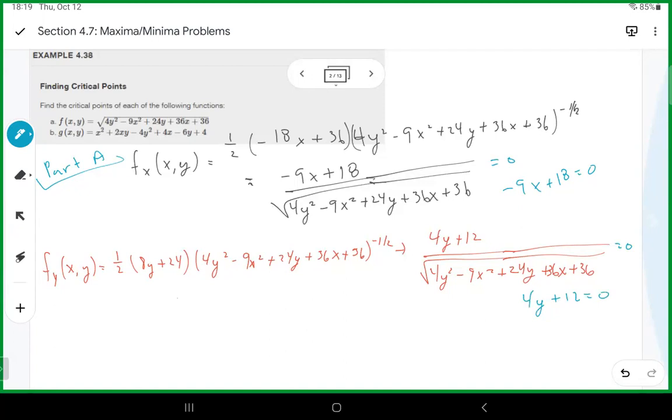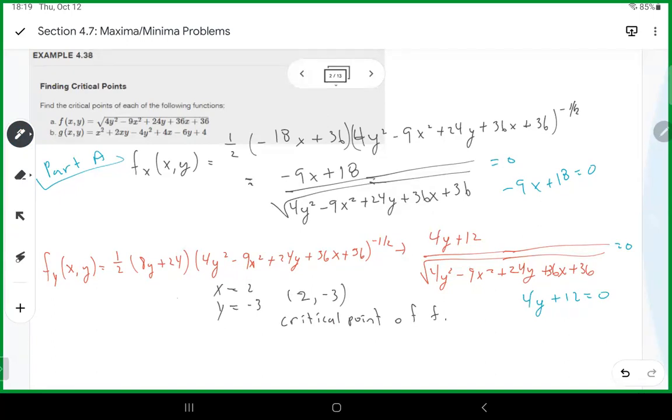So therefore, we have x equal to 2 and y equal to negative 3. So then 2, negative 3 is your critical point of your function.